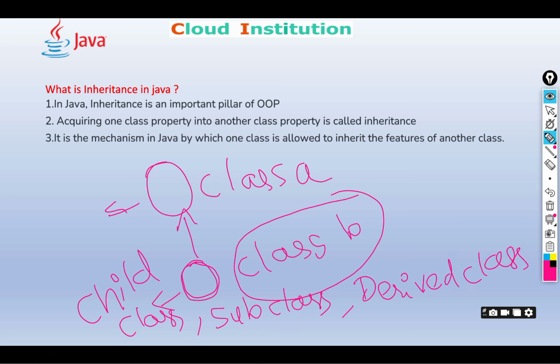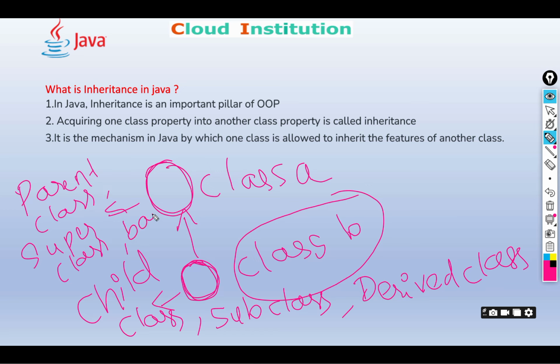For class A, because it is inherited by another class, it is inherited by class B. So this is called the parent class, or we call it a super class, or a base class also.